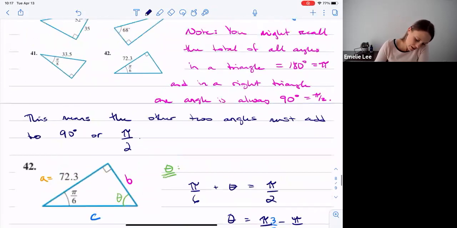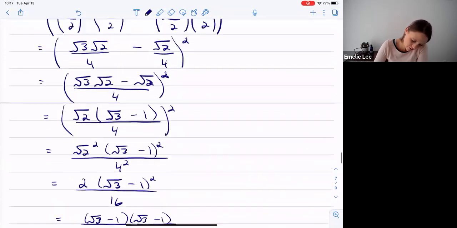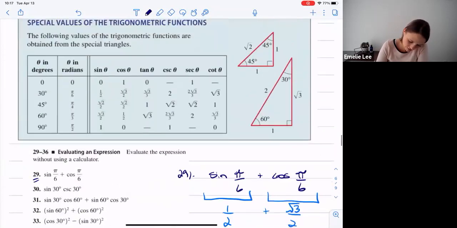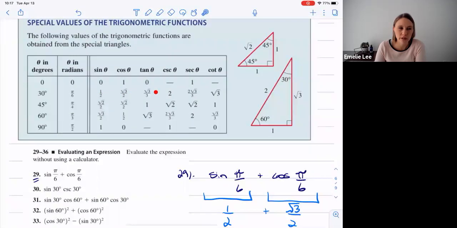So the tan of pi over 6 from this table, I'm at pi over 6, the tan of pi over 6 is root 3 over 3. So I can replace that tan of pi over 6 with root 3 over 3 and see if I get anywhere with that.